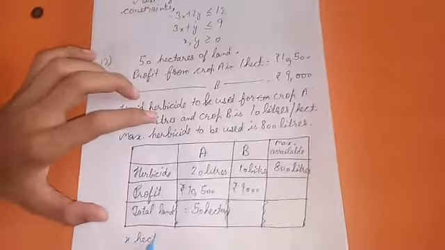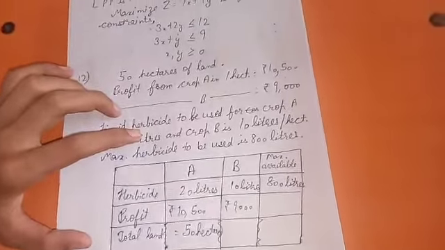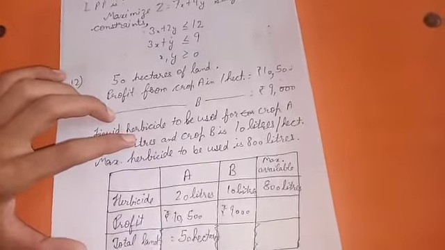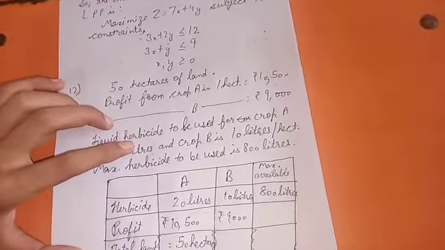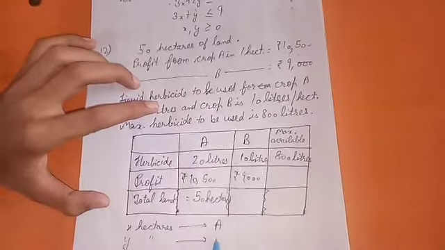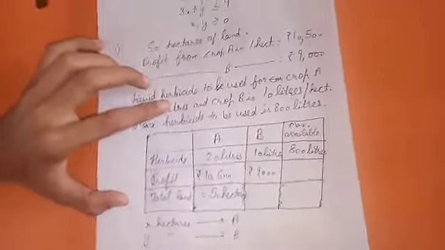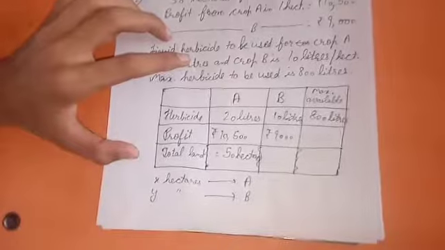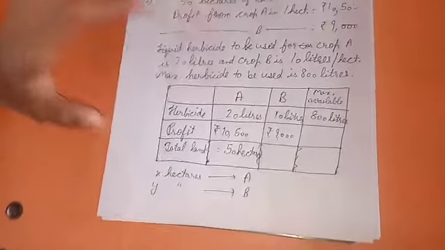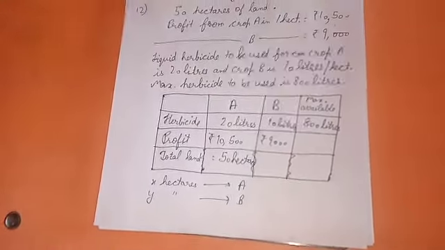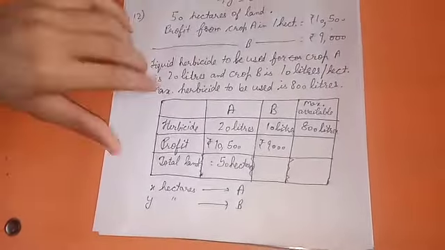Now we will say that x hectares land is used to grow crop A and y hectares to grow crop B. Then we will say about profit.